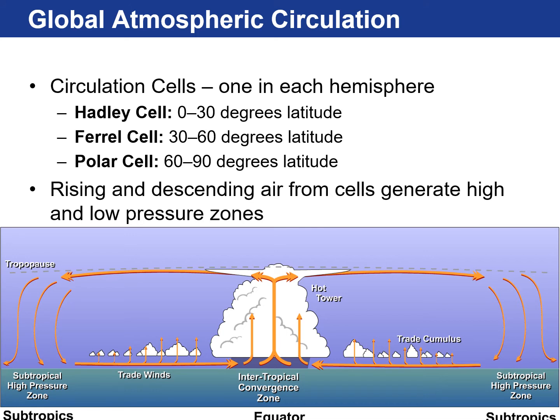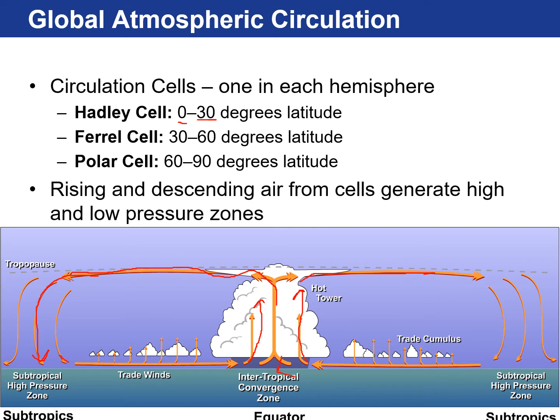There's the Hadley cell, and that is from the equator to about 30 degrees, or the horse latitudes. Okay, and that's what you see pictured down here. We have really low, hot pressure equatorial air rising, low density, receiving a lot of solar radiation, going up to the upper atmosphere and then traveling into the northern hemisphere and also into the southern hemisphere, cooling down and then sinking at these subtropical high pressure zones.